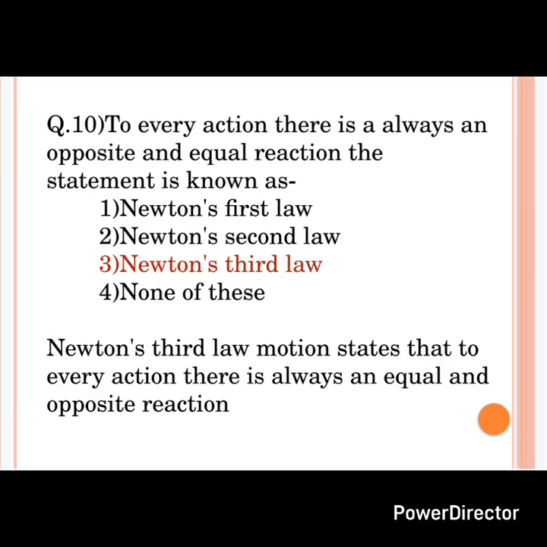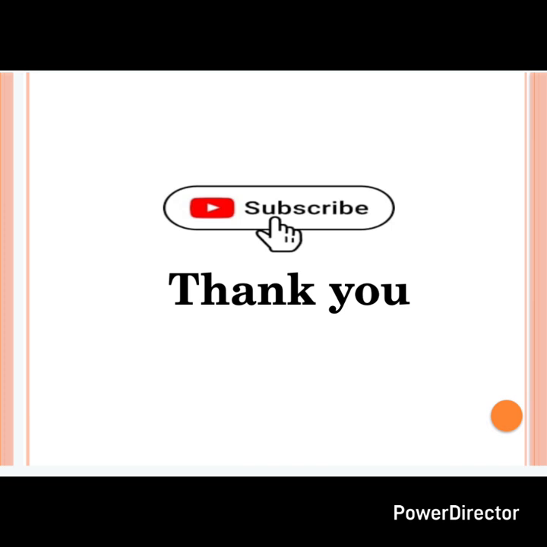For this, the answer is Newton's third law. Yes, Newton's third law states that to every action there is always an equal and opposite reaction. So, here are the 10 questions in this class.